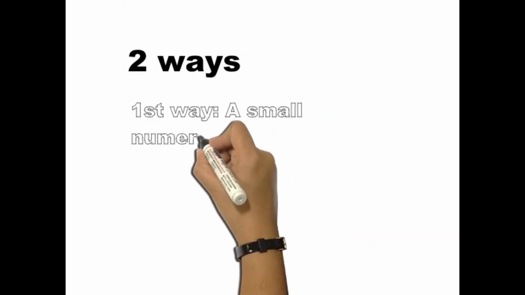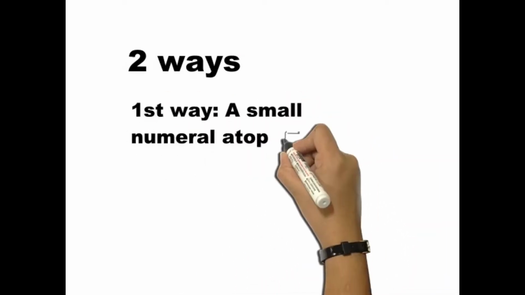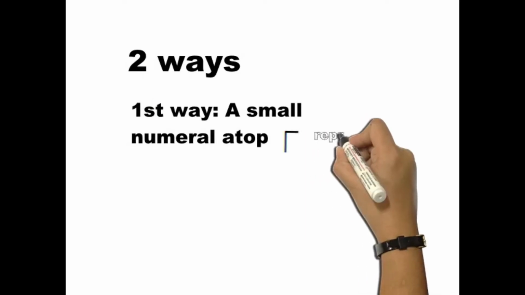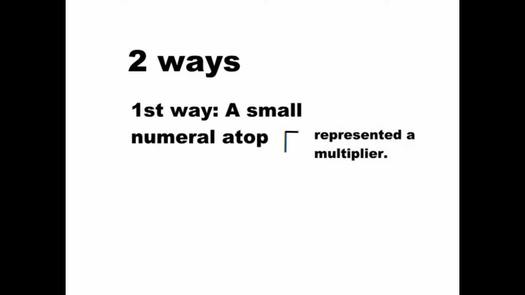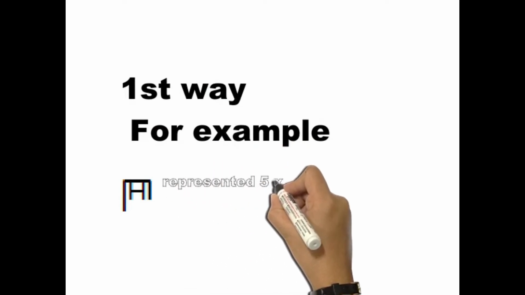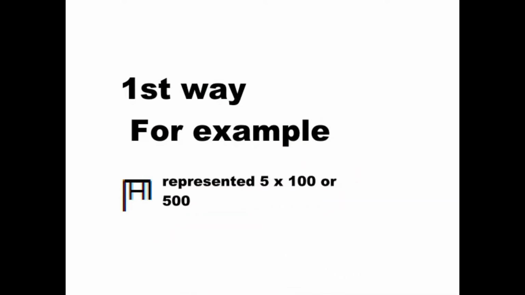The first is that a small number atop gamma represented a multiplier. For example, gamma and eta represented 5 times 100 or 500.